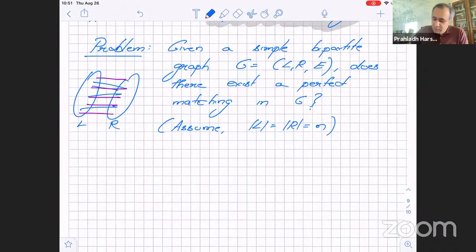Okay. So what we will do is construct a new matrix M. First, let's look at what's called the bipartite adjacency matrix of this graph.